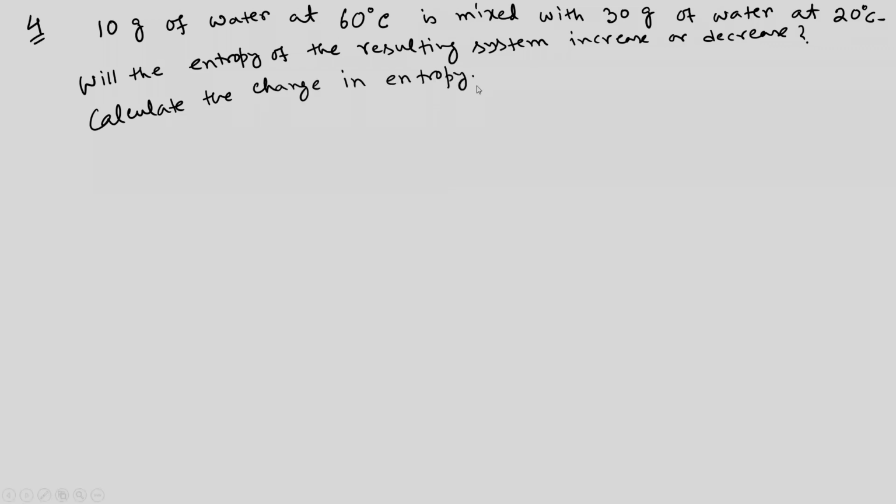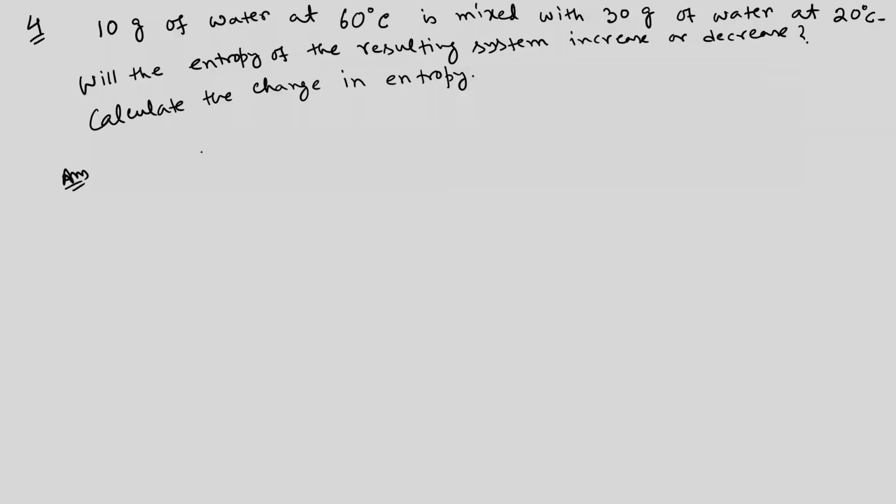So, the fourth problem is 10 gram of water at 60 degrees Celsius is mixed with 30 gram of water at 20 degrees Celsius. Will the entropy of the resulting system increase or decrease? Calculate the change in entropy. So, we need to calculate the final temperature first.